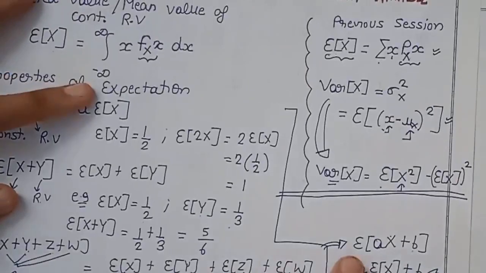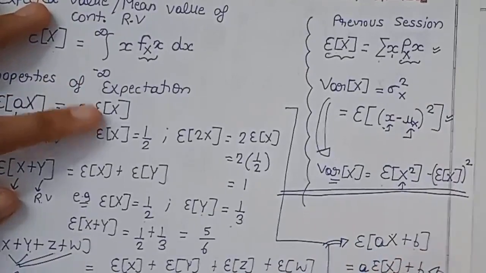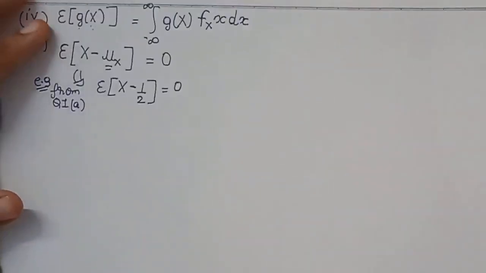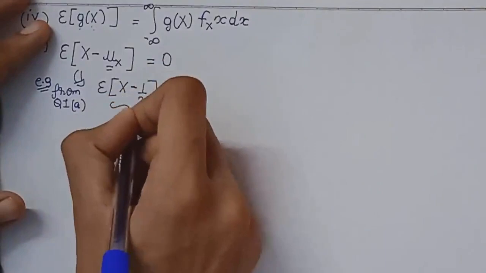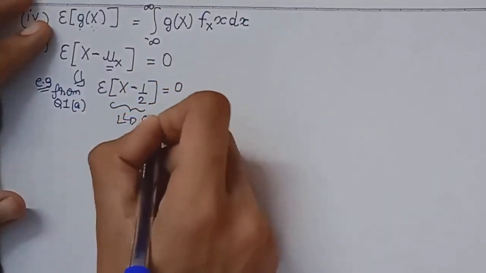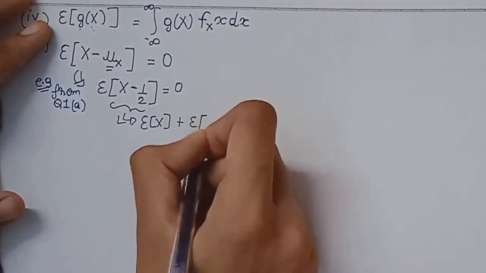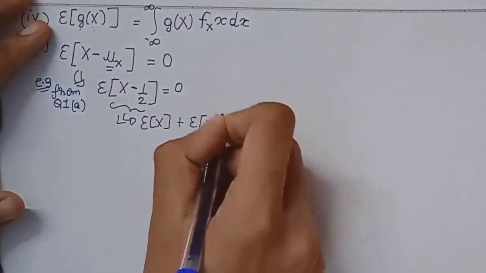We know that expectation of ax plus b can be written as a into expectation of x plus b. Now expectation of x minus half can be written as expectation of x plus expectation of minus half.